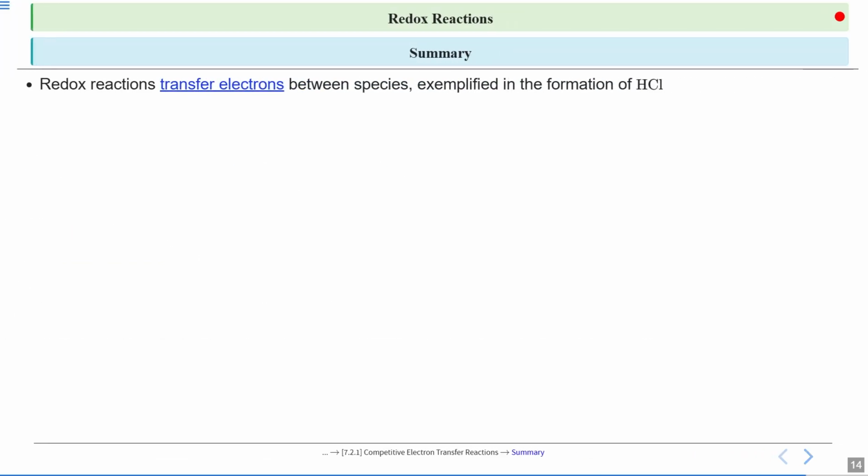So now in this lecture, what we have studied is mainly the redox reaction in terms of electron transfer. We have understood oxidation and reduction also on the basis of electron transfer. Then we have understood the competitive electron transfer reactions with the help of 3 examples.